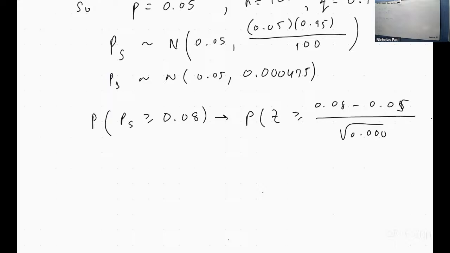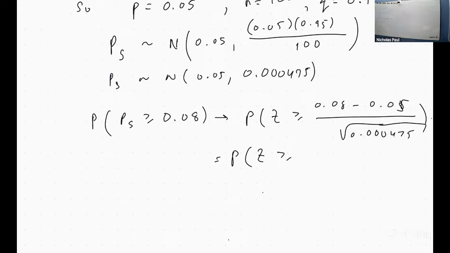We will get the probability of Z is more than or equal to, tell me what you get now. 1.376.